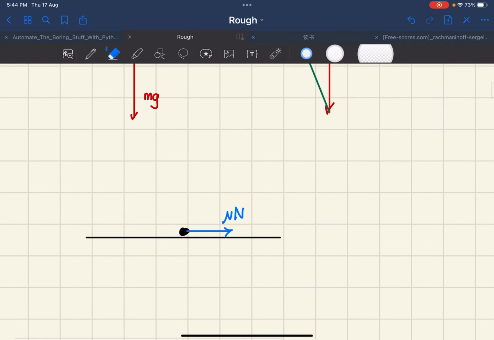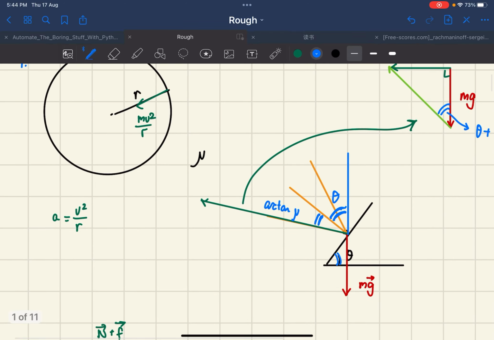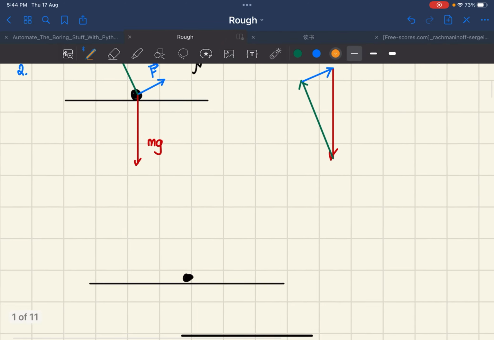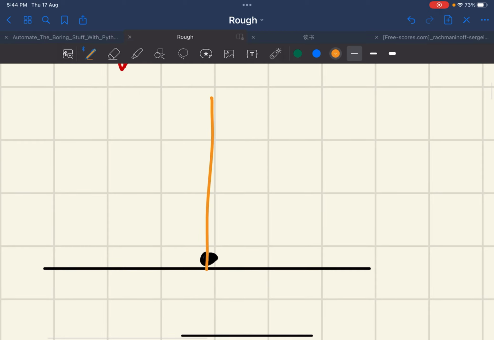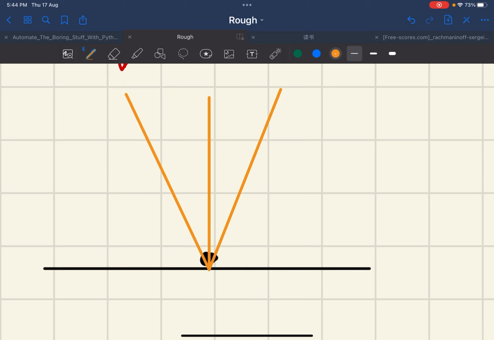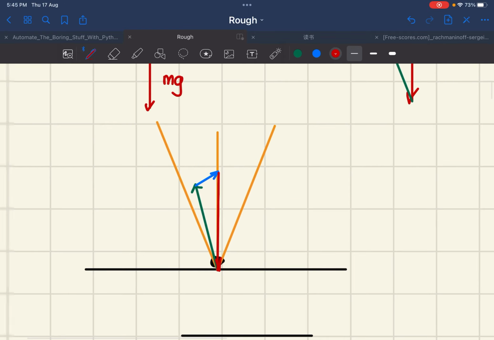So let us once again draw those triangle lines again. And let us consider a setup like so.